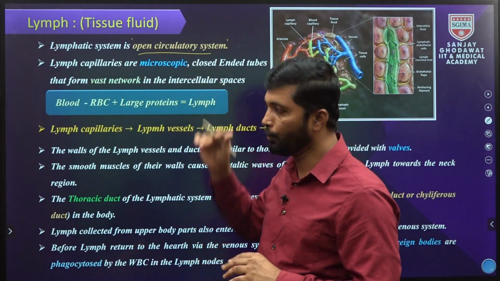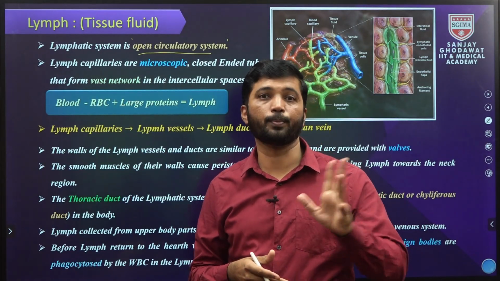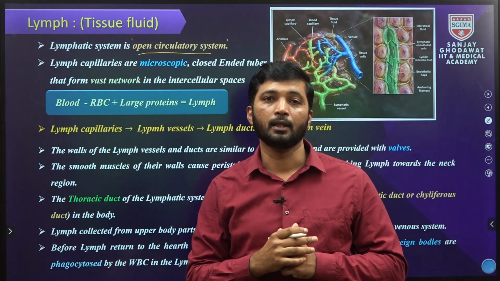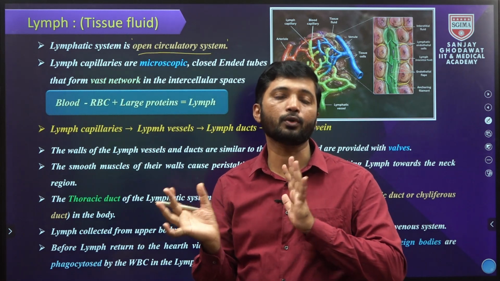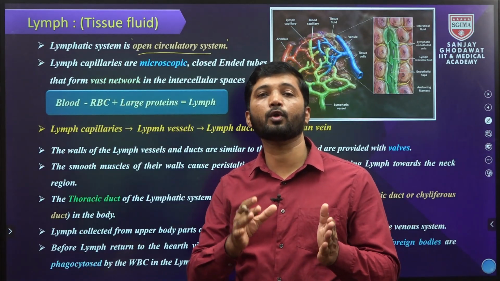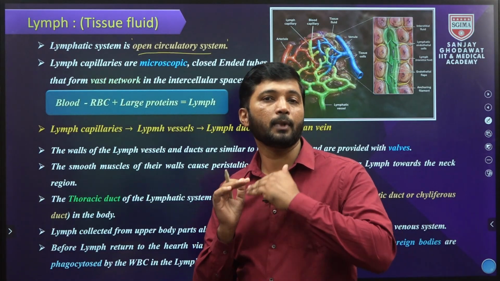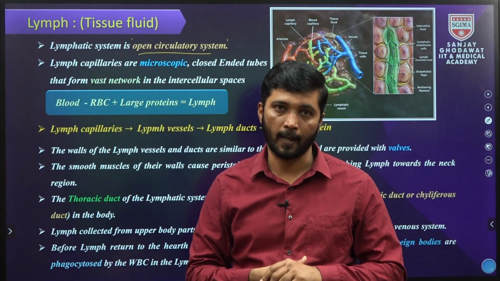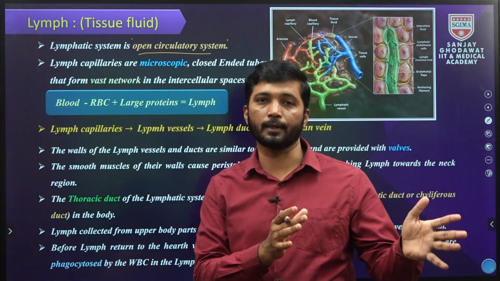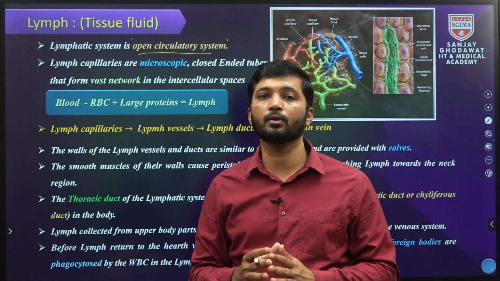Open means the blood touches the body cells and tissues. Whereas in closed, the blood is always confined to the vessels, with no bathing character, not touching the body cells and tissues. If the fluid touches the body, that is open.